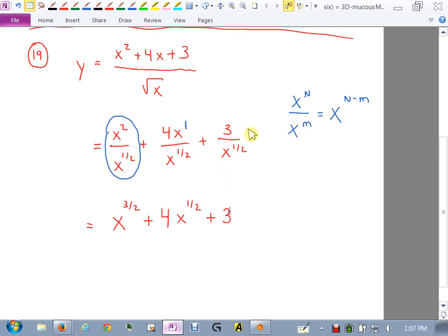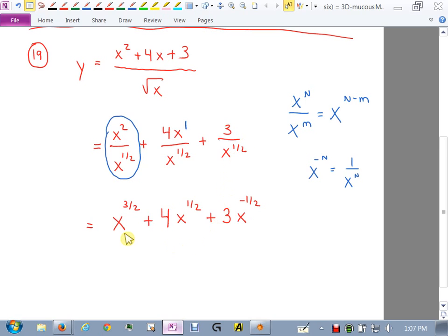You can just use a property that you can bring it up to the top as x to negative 1/2. So back in the day, you were told this in another class, hopefully. X to the negative n equals 1 over x to the positive n. So if you had a negative power, they always told you to drop it down. Well, now we want to reverse that and take it back up because we want to be able to do the power rule.